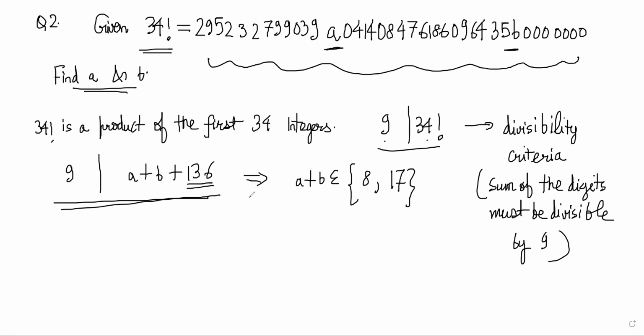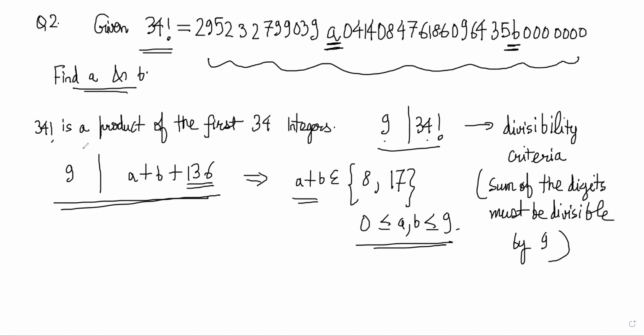And if you add 17, you get 153, which is also divisible by 9. You cannot take A plus B to be anything bigger than 17. You cannot take it anything lesser than 8. You cannot take negative values because these are digits in decimal notation. The digit values go from 0 to 9, right? We have 0 less than or equal to A, B less than or equal to 9. And we have A plus B must be 8 or must be 17, right? So that is the first thing that we can say.